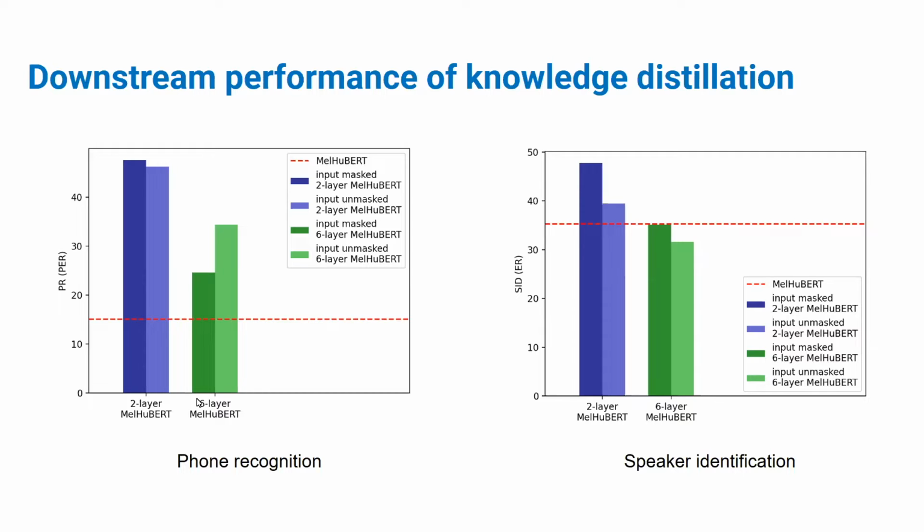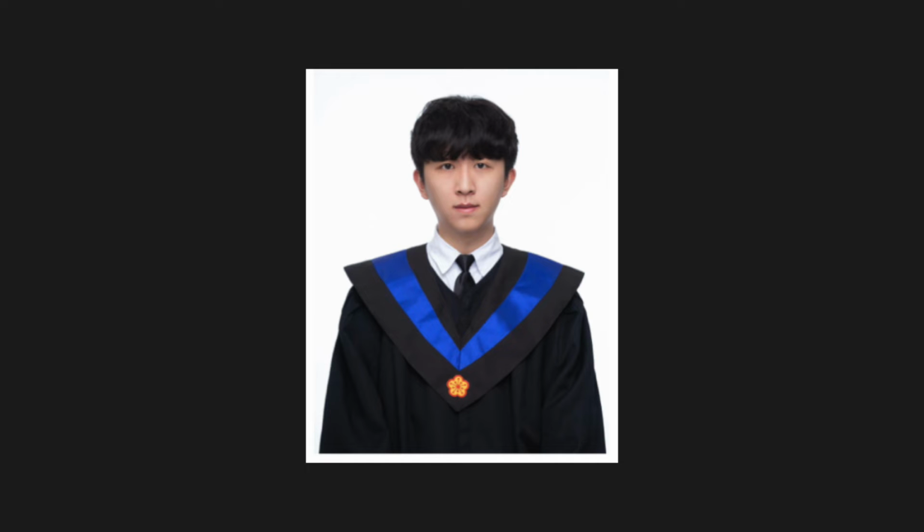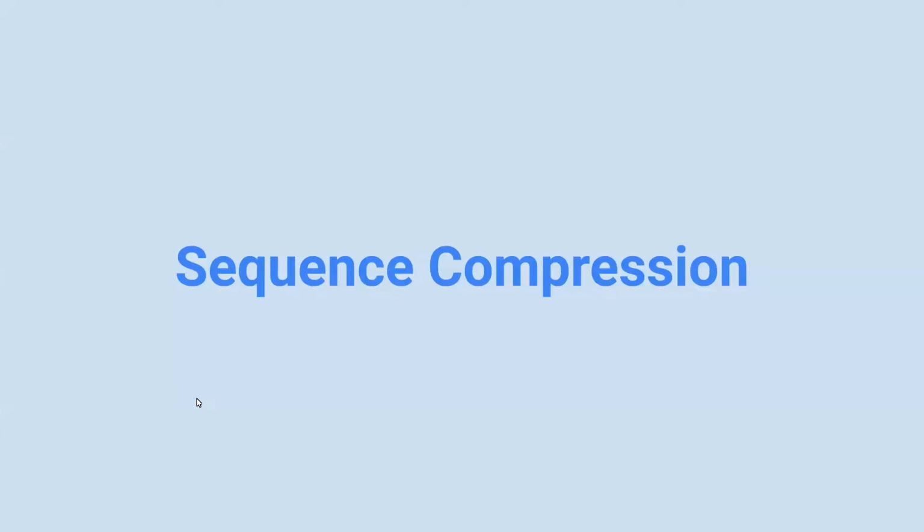In fact, the speaker identification performance is fully recovered by the 6-layer models. There is still a gap to recover the performance on phone recognition. Overall, depth seems to be important for knowledge distillation to work. This completes all the model compression techniques. I will hand over to Yan for sequence compression.